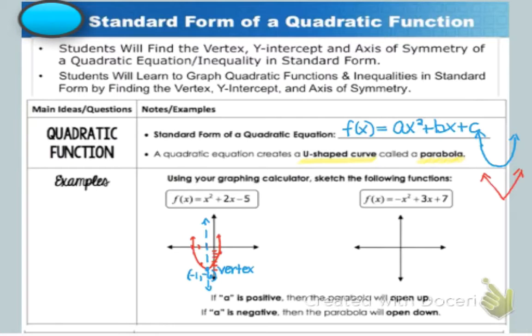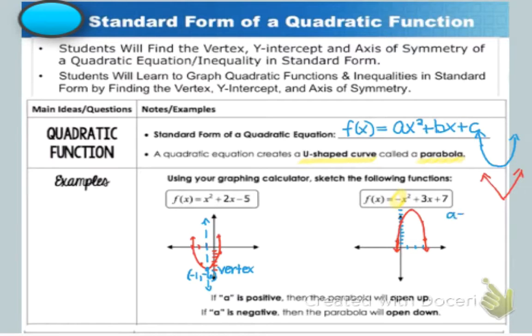Then I graphed f of x equals -x squared plus 3x plus 7, and this is what my graph looked like. Now this parabola happens to face downward, and you might notice that the number in front of the x squared, which is called the a in this case, was negative.